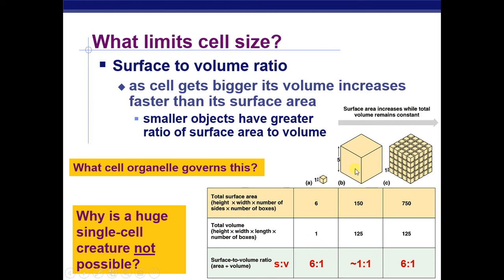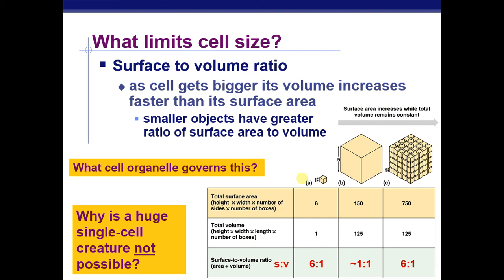So as a cell gets bigger, its surface area to volume ratio decreases. Now, why is surface area to volume ratio important? Well, as volume increases, there's more stuff inside a cell that needs nutrients, like oxygen and glucose and things like that.